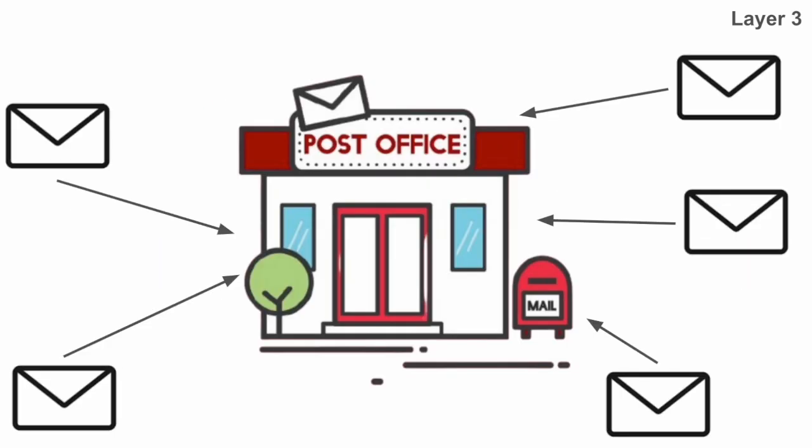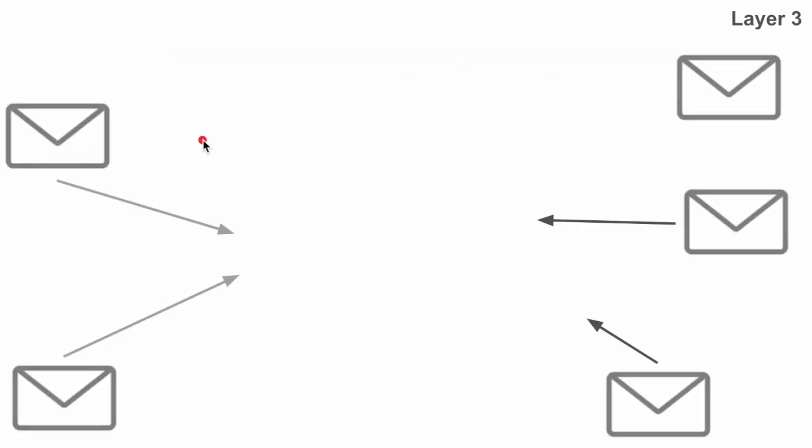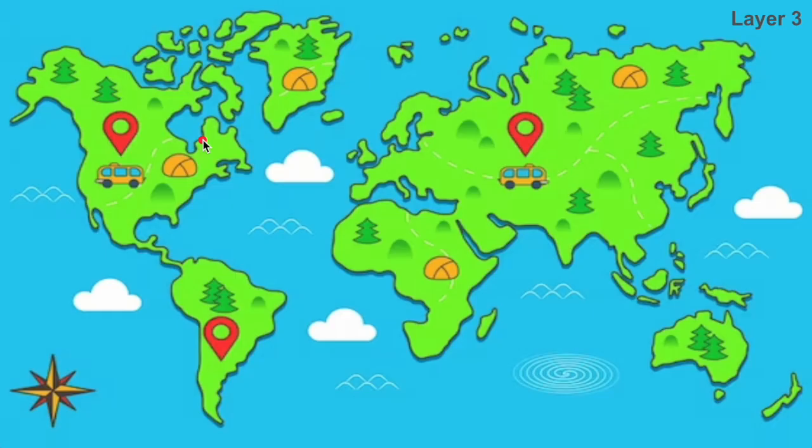Now this is the network layer. This focuses on end-to-end delivery. So layer 2 just focuses on sending the information within its own network, whereas layer 3 makes sure that the data can be sent anywhere.